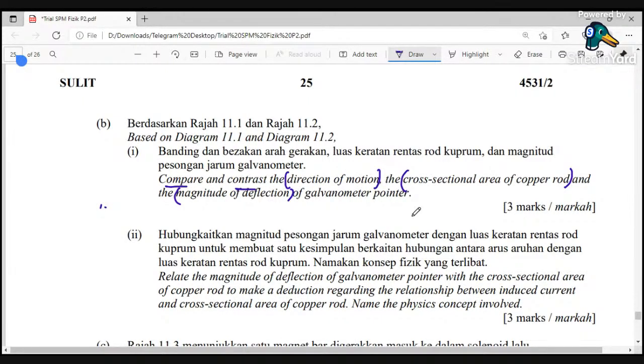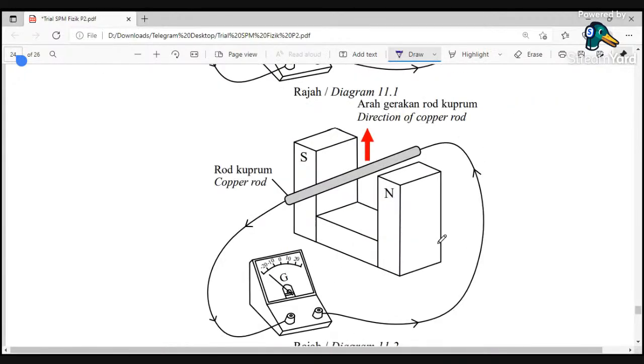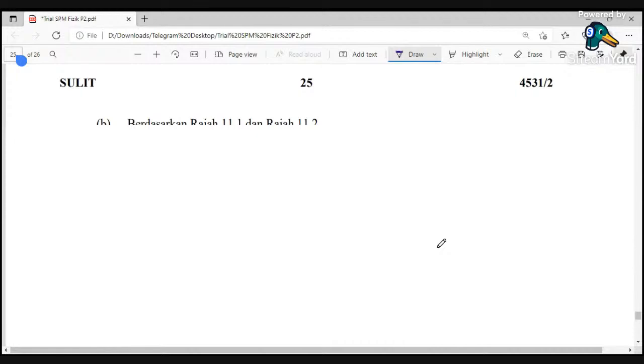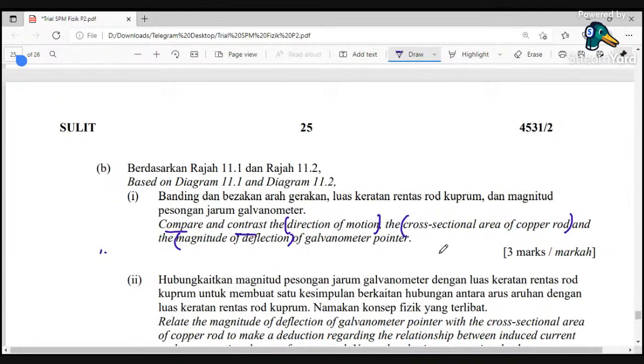Okay, look at which direction the conductor moves. Okay, both move upwards. Direction of motion.